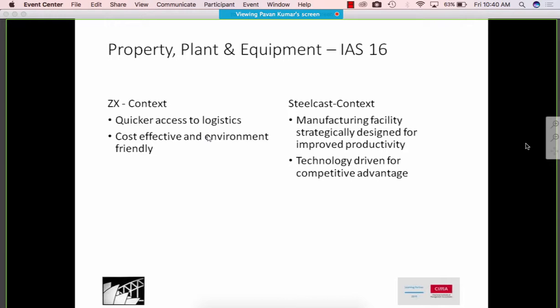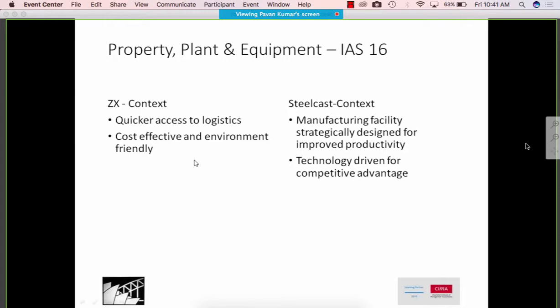But there is no mention in the case study where it says the increase in the property, plant and equipment is coming from the purchase of a new plant. This is probably because of a revaluation, which is again determined because of the quicker access. The market value of the property is probably higher now. And this also links back to your deferred tax, your IFRS on deferred tax.